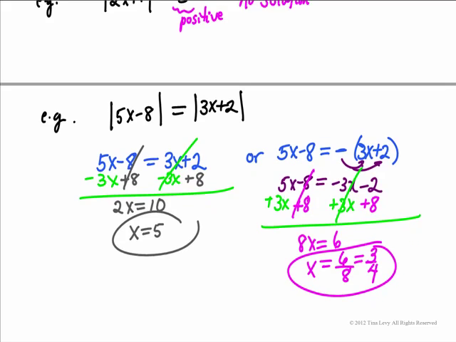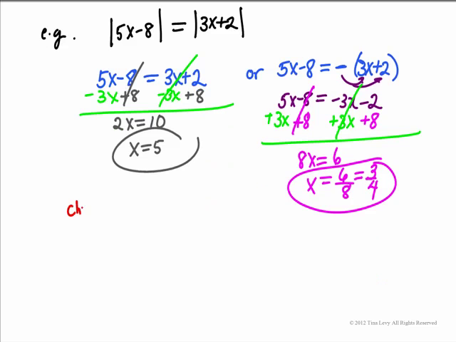Now normally, unless I ask you to check, you wouldn't, but let's just check this to see what happens. If we let x be 5, we get the absolute value of 5 times 5 minus 8 on one side, and on this side we get 3 times 5 plus 2. Well, in this one, the inside of the absolute value, 25 minus 8, is 17.